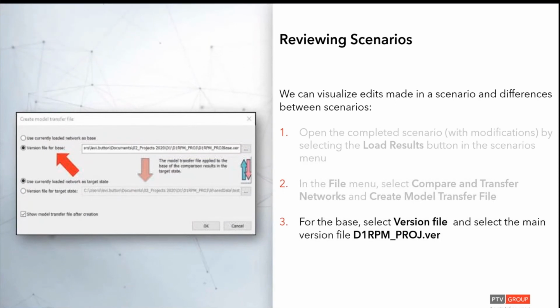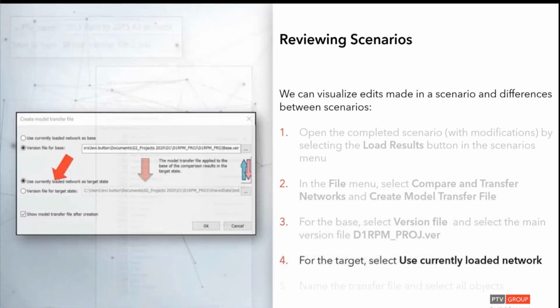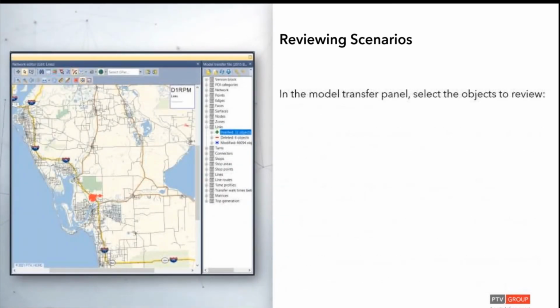This allows us to say, if we have a completed scenario, how is it different from our base scenario, or from some other scenario? We can go through this process and it'll load in all the objects. Then we'll get this nice little menu on the side that will tell us explicitly how many objects were added or removed from the network of that specific type.